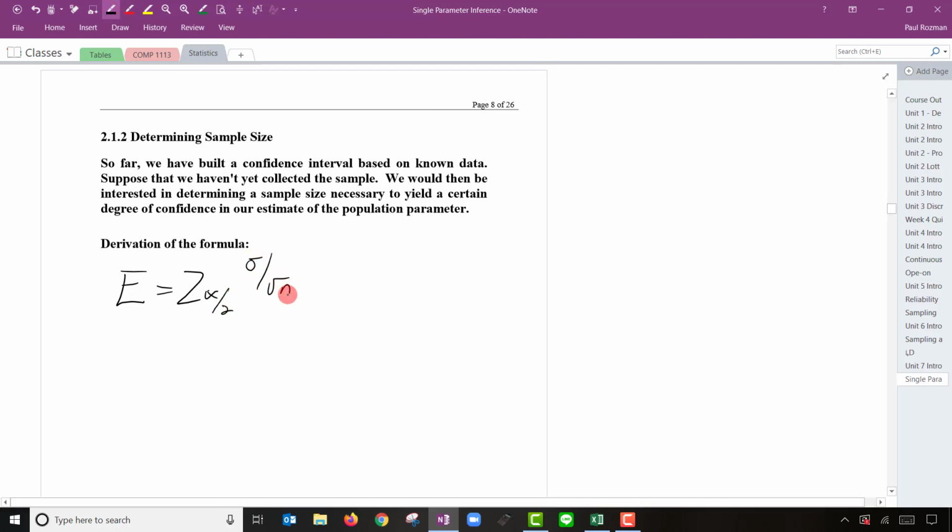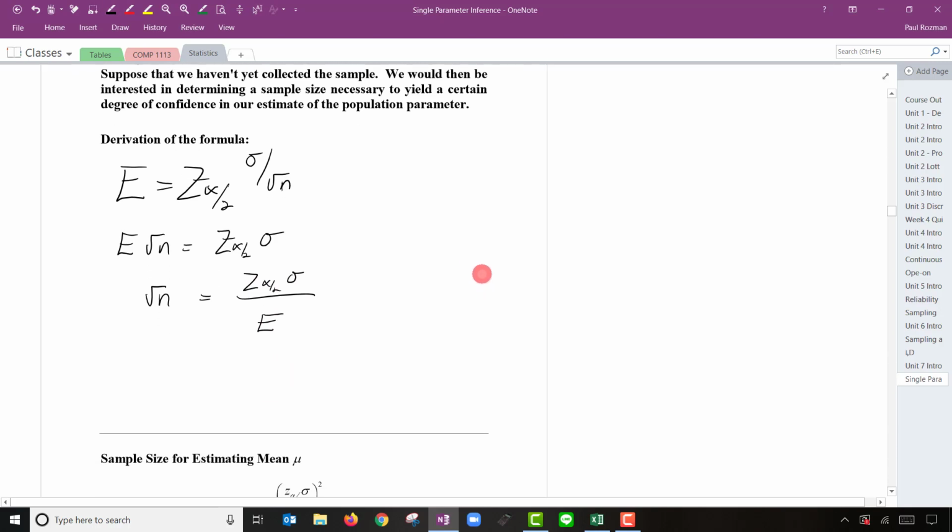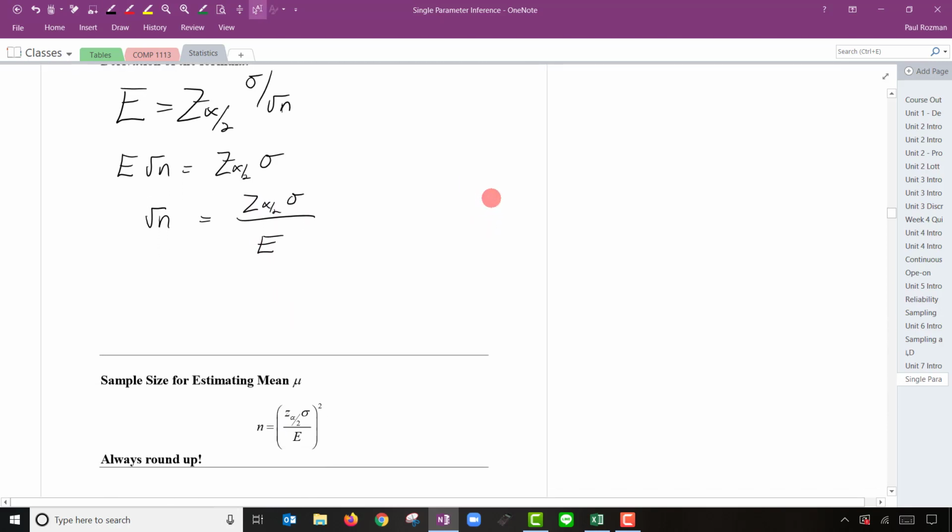Sigma over root n, and then we can just rearrange the formula and solve it for n. So maybe multiply both sides by root n, and then divide both sides by e, and then square both sides. And you get this.